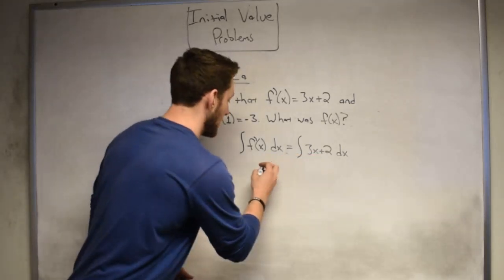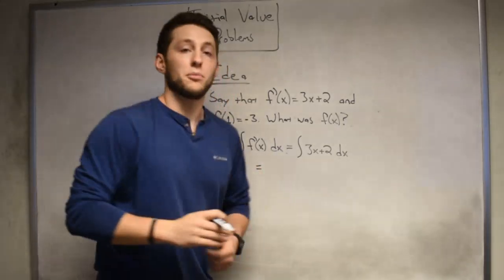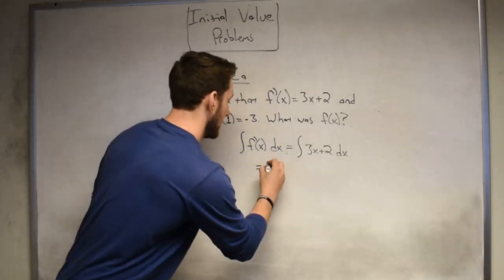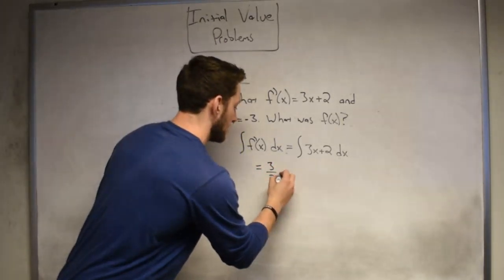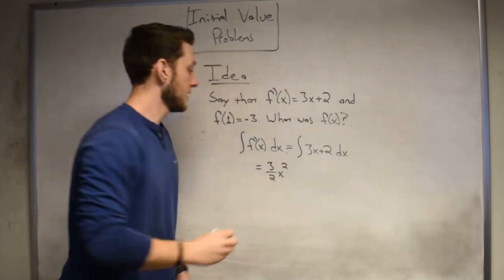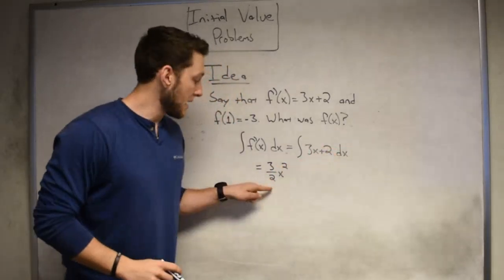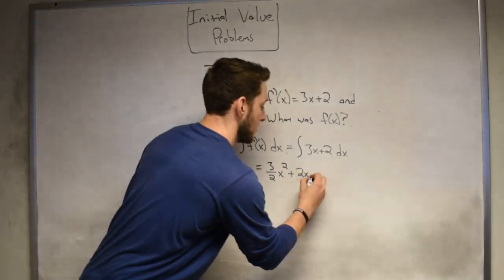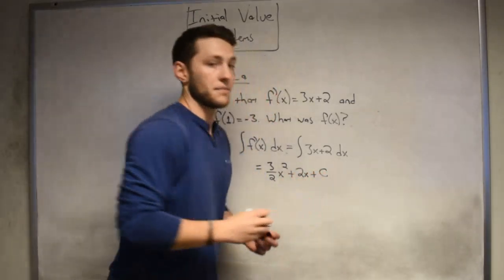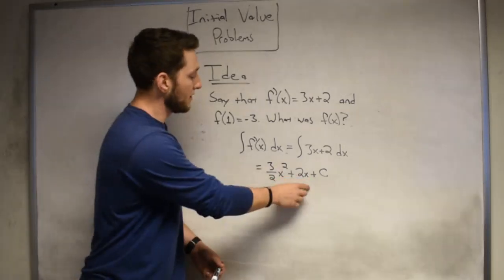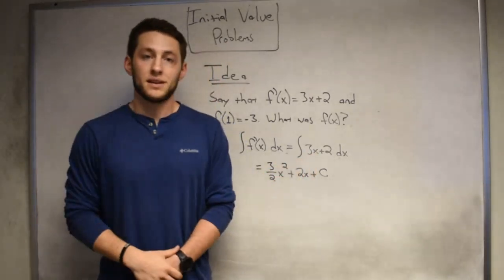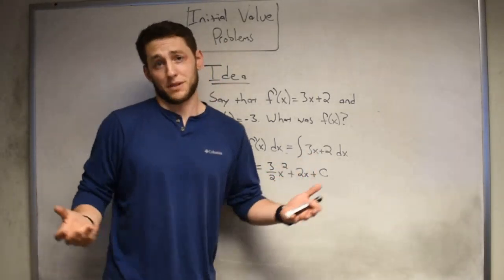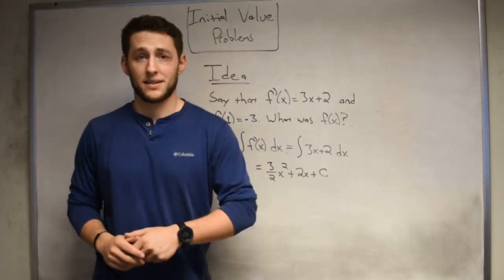Carrying it out, we see by our power rule that we get 3/2 x squared, add 1 to the power, divide by the power you landed on, plus 2x plus c. Like I said, when you derive this, you get this back. And as far as last class goes, that's all we could really say.